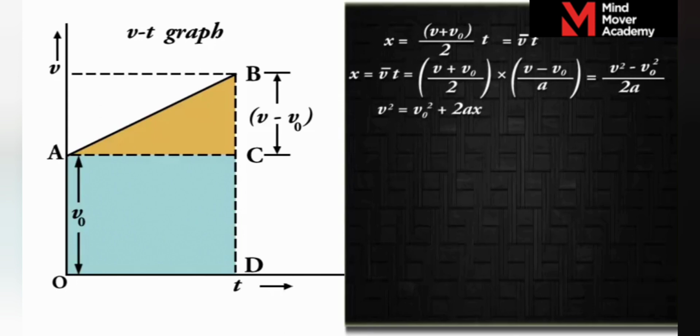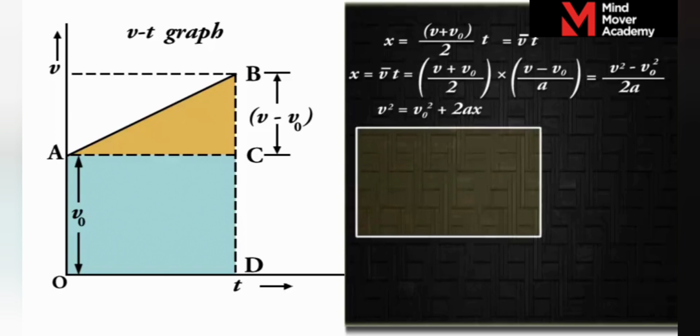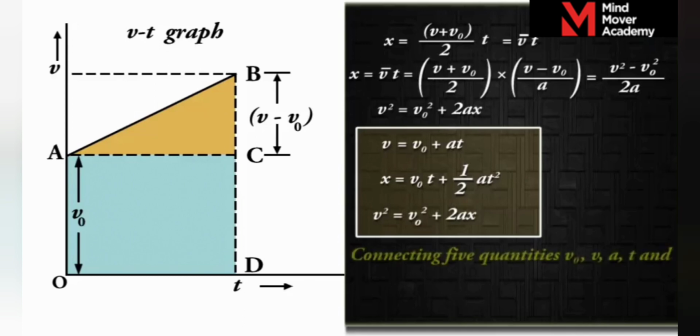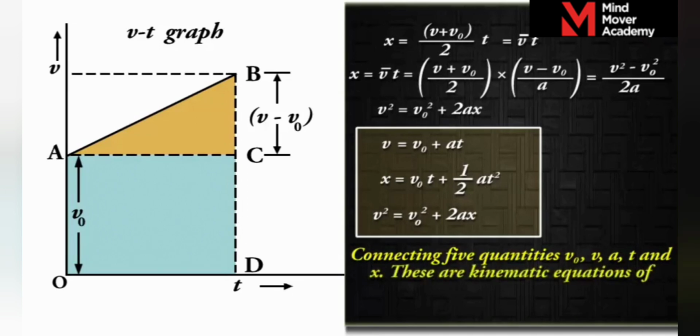Thus, we have obtained three important equations. v = v₀ + at. x = v₀t + 1/2 at². v² = v₀² + 2ax. Connecting five quantities v₀, v, a, t and x. These are kinematic equations of rectilinear motion for constant acceleration.